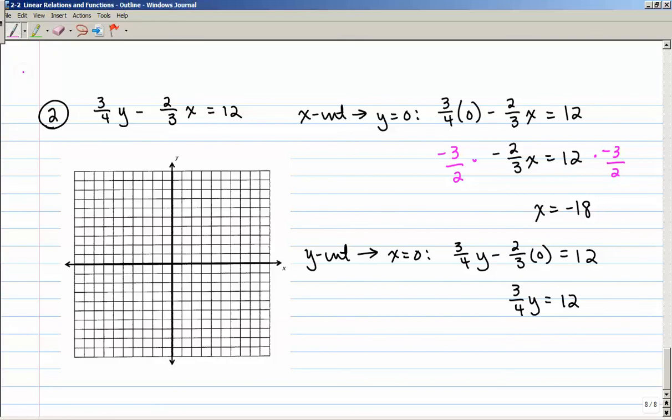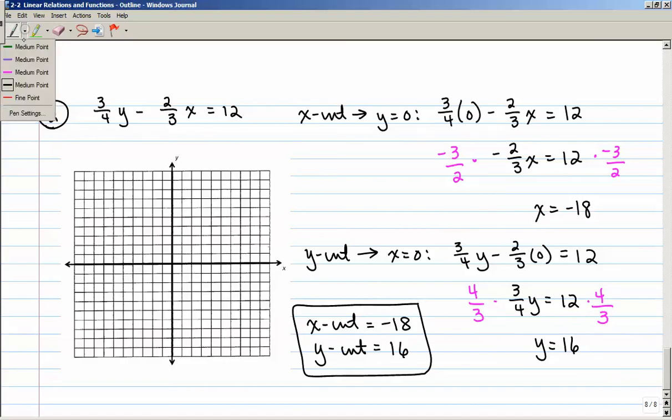Again, multiply by the reciprocal. And y equals 16. So my x-intercept is negative 18. My y-intercept is 16.